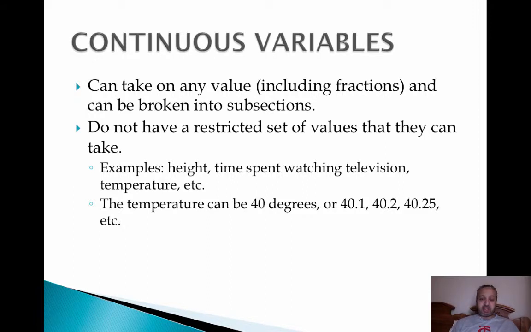I mean, it's pretty much infinite, right? So they do not have a restricted set of values that they can take. Height is another example. Someone could be 5'9", they could be 5'9.25", they could be 5'9 1/8", they could be 5'9 1/2". I mean, we can go on and on and on, right?